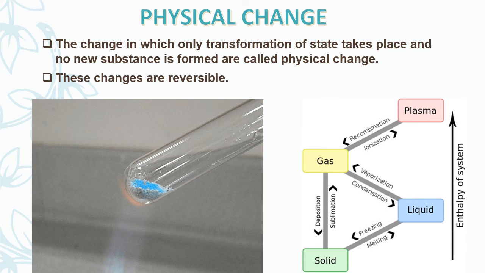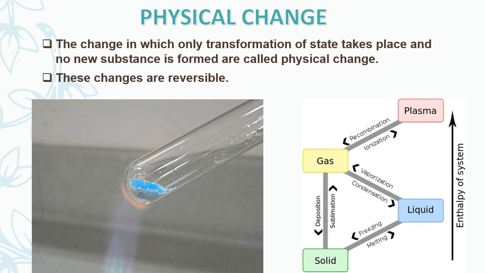We have already learned that the states of matter are interconvertible, so those changes of state are physical changes. For example, if you dissolve salt in water and evaporate the excess water, you are going to get back the salt again. So that type of change is a physical change.